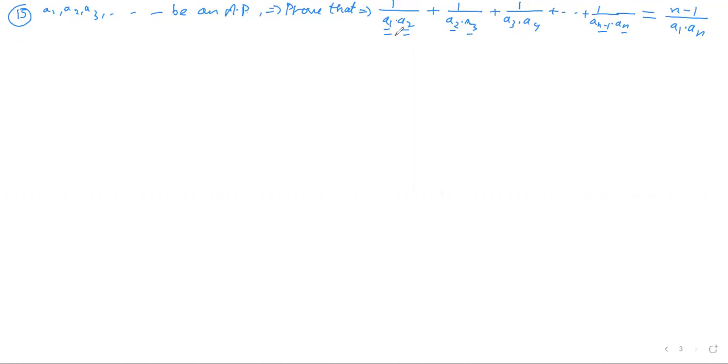You must have thought about the relationship between a1 and a2, which is similar to that of a2 and a3, and a3 and a4, and an minus 1 and an.